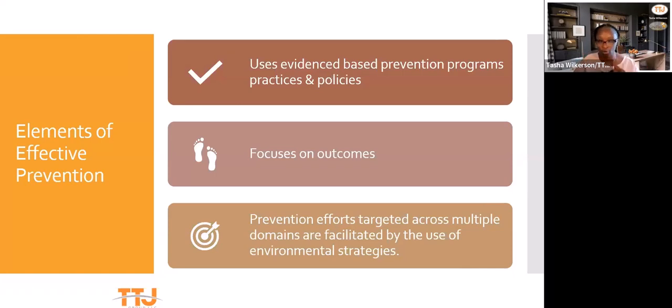It's about programs, your community practices, and those policies. Those are the ordinances and laws that you, as a prevention practitioner, are able to work with a coalition, an organization, or a group to change. So it's not only about programs, it's about evidence-based.